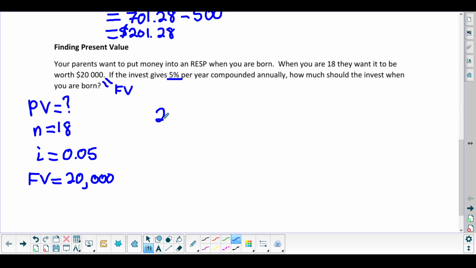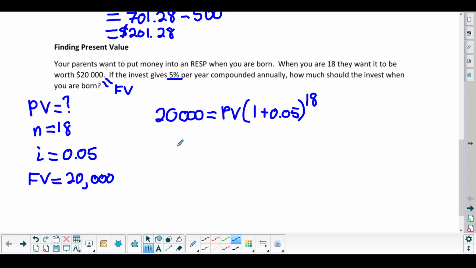All right, so let's calculate this out. Let's write it out in our format. So $20,000 is equal to the present value times (1 plus 0.05) to the power of 18. And just like when we're finding initial amount, we're going to have to calculate this and divide it over to the other side.